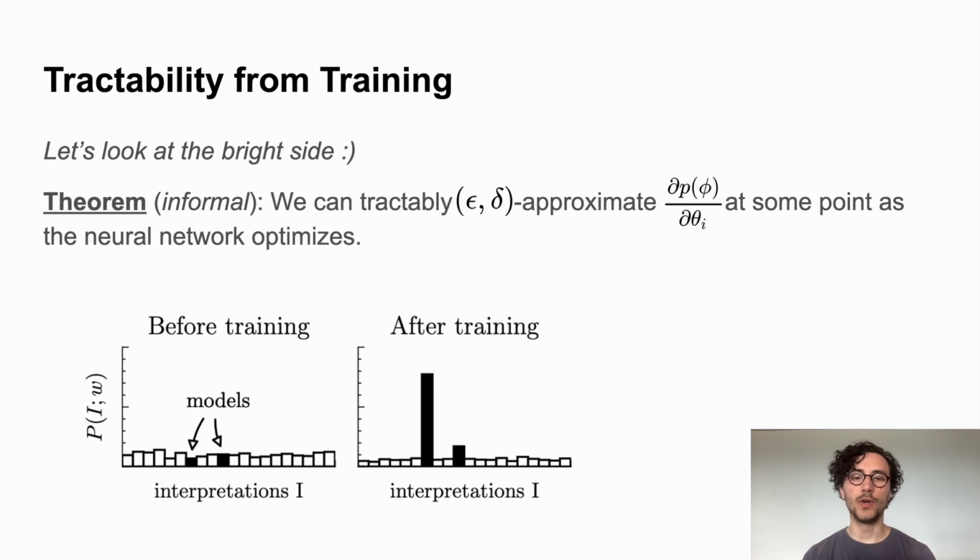Now we can also look at the bright side and try to find some problems where calculating this gradient, or at least approximating it, becomes tractable. And in the paper, we do prove that you can tractably approximate the gradient at some point as the neural network optimizes. What's one intuitive way to look at this?